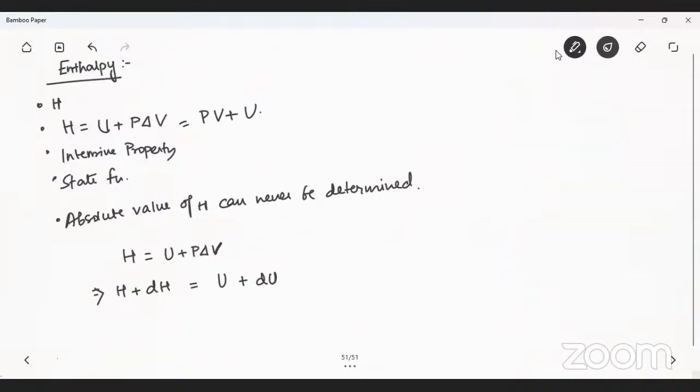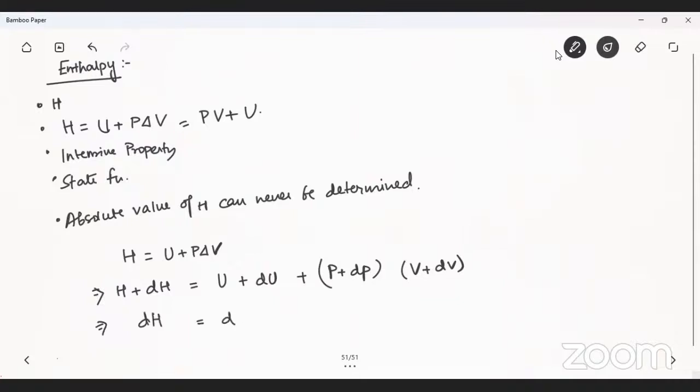I am differentiating. Just for the sake of it, trust me that whatever ma'am is saying is correct. It is after differentiation, and we can write it as del H.